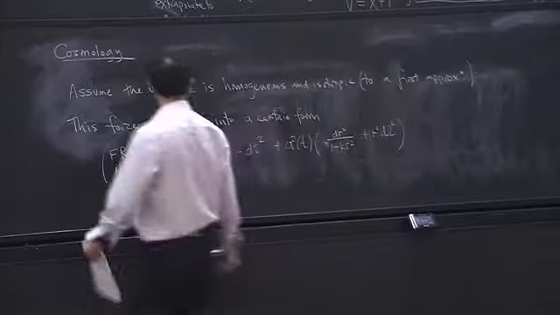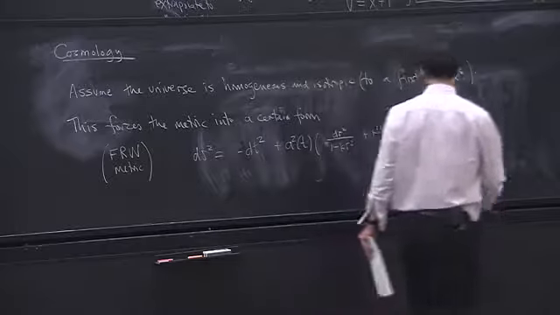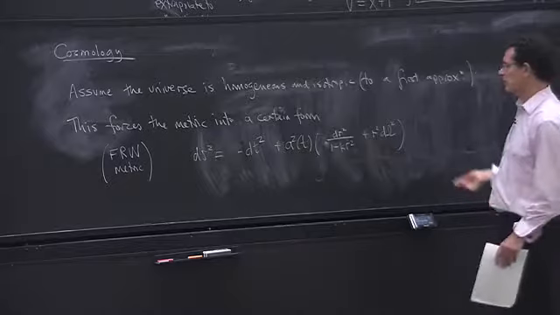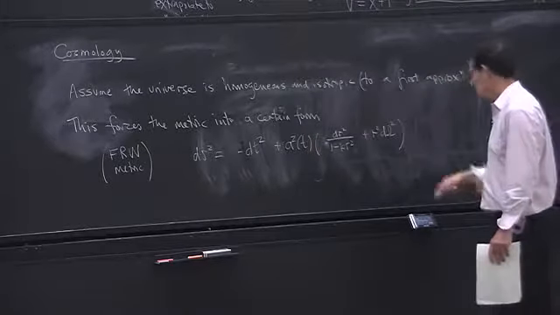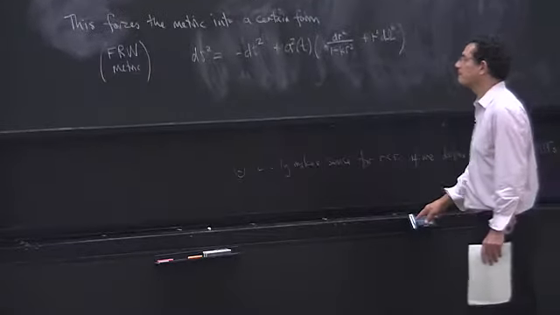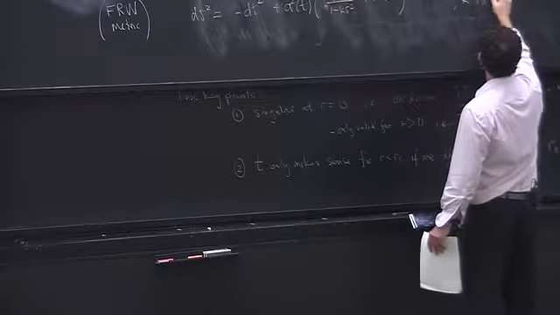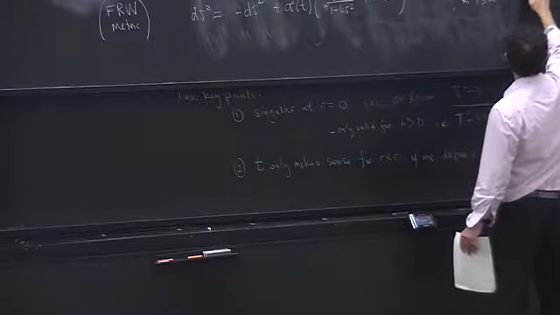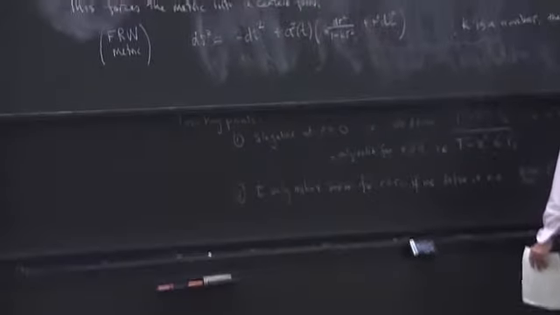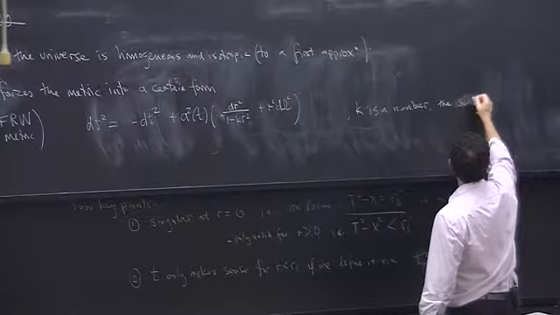The existence of the symmetry ensures that there exist coordinates such that the line element takes this form, where k is a number, the space curvature scale.